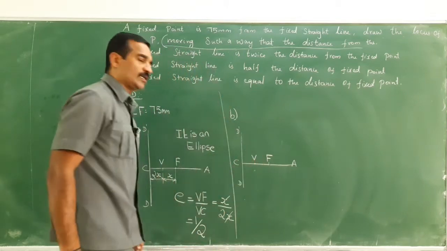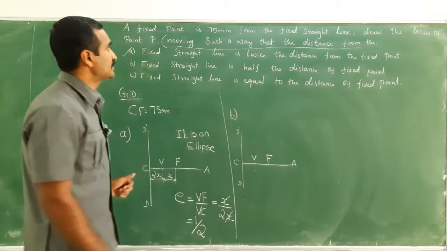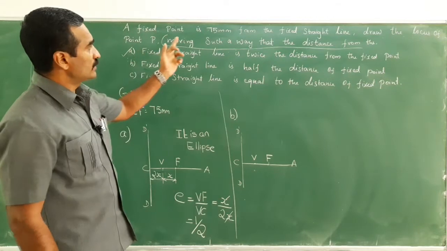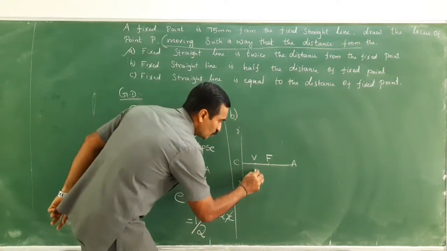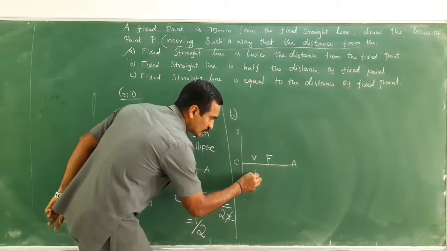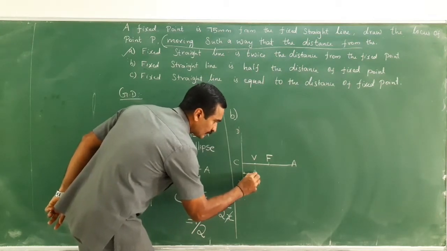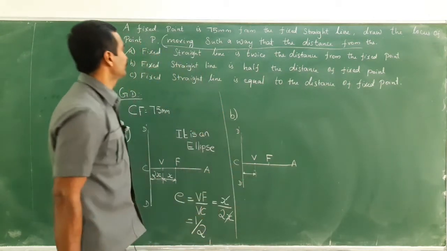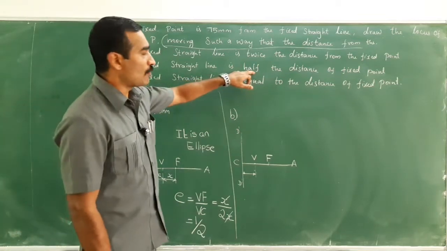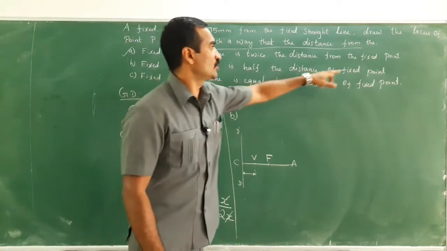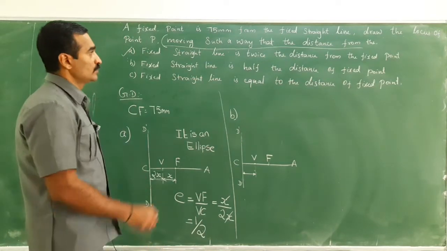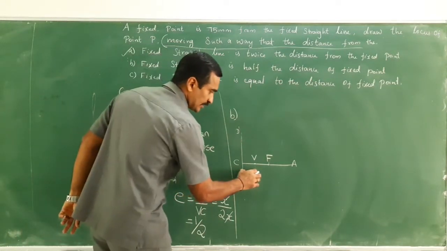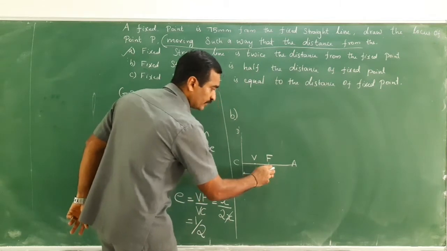V, vertex or moving point. What the question says: the moving point is such that the distance from the fixed straight line, that is moving point to the fixed straight line, is half the distance of the fixed point. So this distance could be half of this.